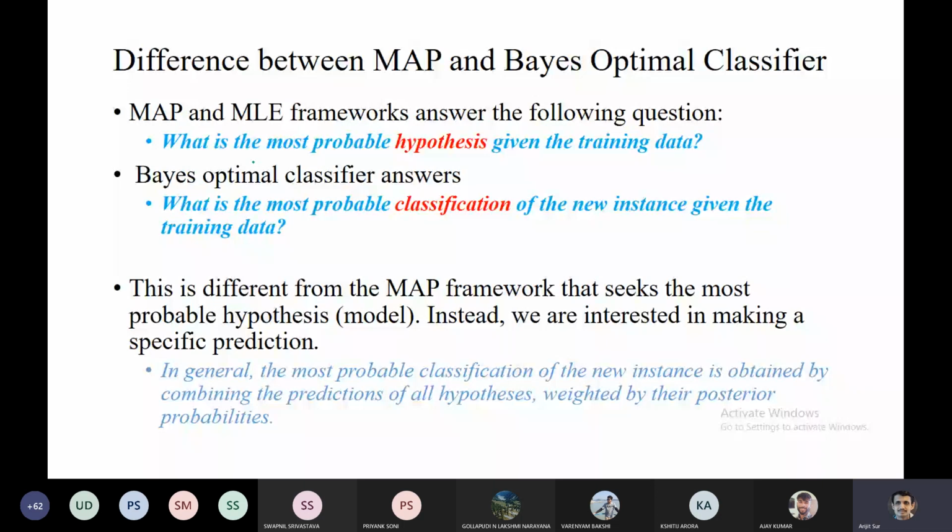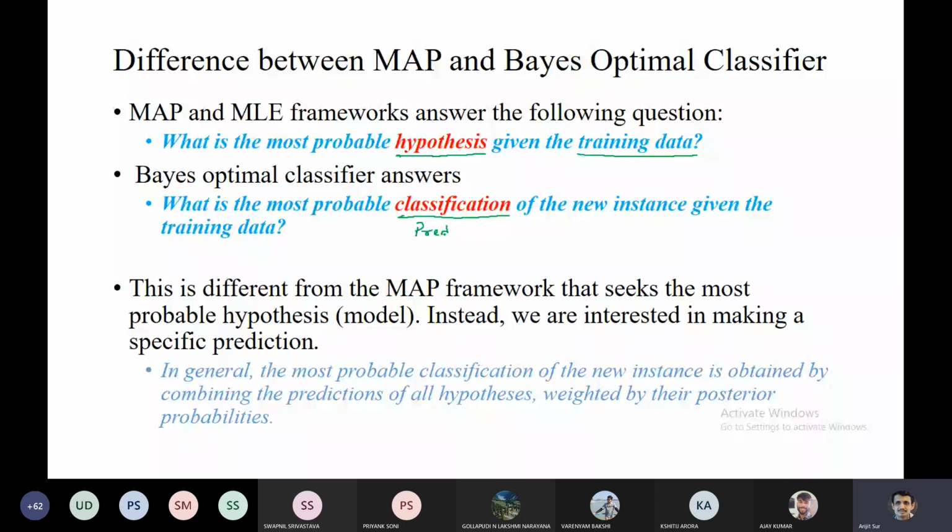So the MAP and MLE framework answer the following question: what is the most probable hypothesis given the training data? That is what we are calculating there. But what does the Bayes optimal classifier answer? What is the most probable classification or prediction of the new instance given the training data?